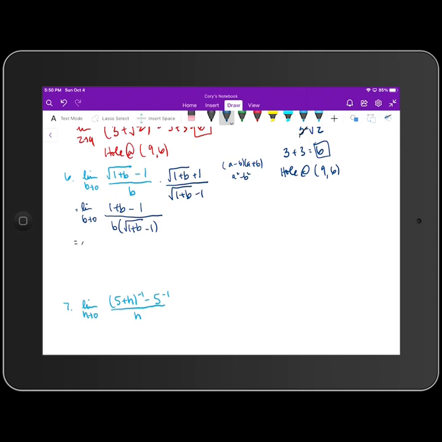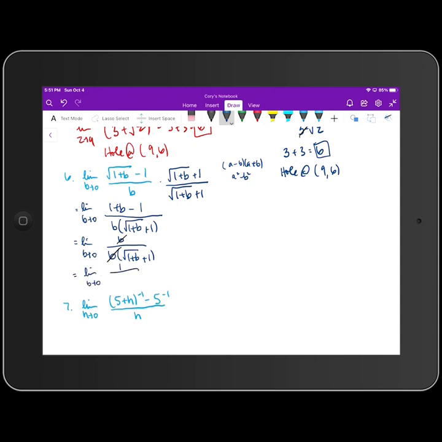So we get the limit as b approaches 0. The numerator becomes b. The denominator is b times rad 1 plus b minus 1. Or sorry, rad 1 plus b plus 1. I made a mistake in the first step, so that should be rad 1 plus b plus 1. Once we eliminate that common factor in the numerator and denominator, the factor that made both the numerator and denominator 0, we can now use direct substitution.